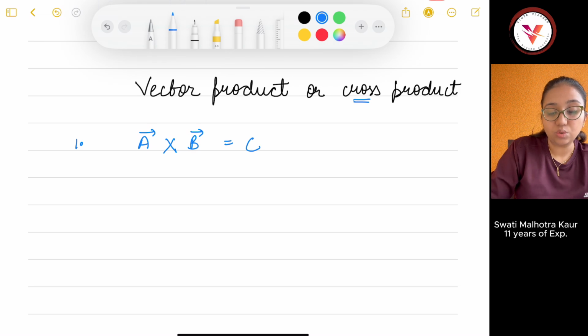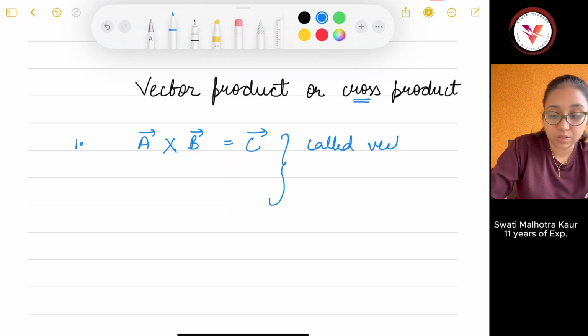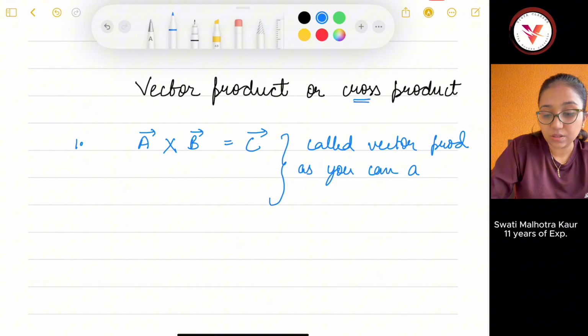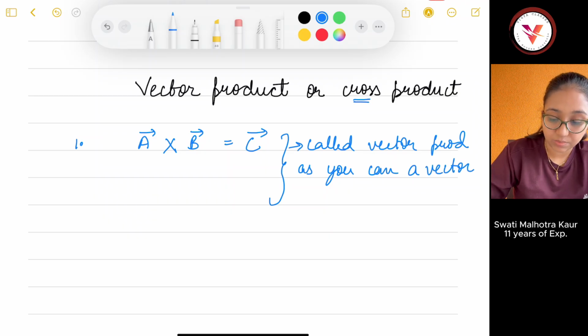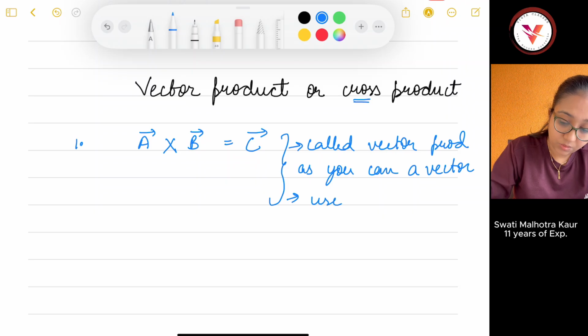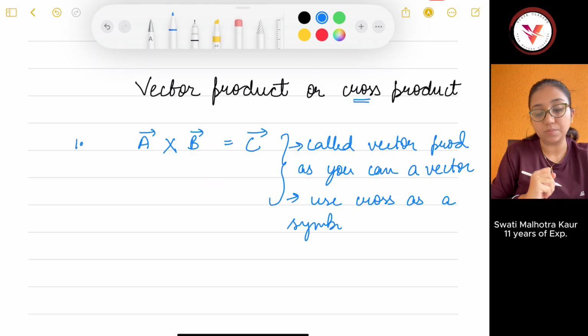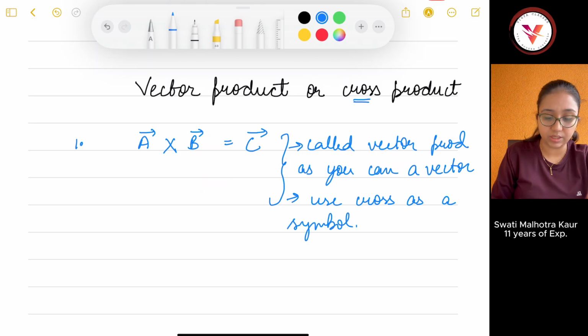It is called vector product because the result is a vector, as you get a vector here, and next, why cross? Because you use cross as a symbol. So these are the two reasons for the name.